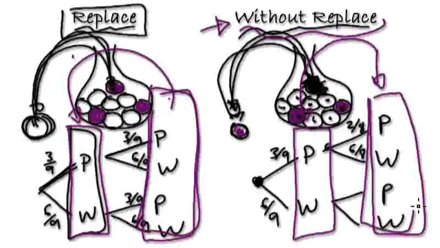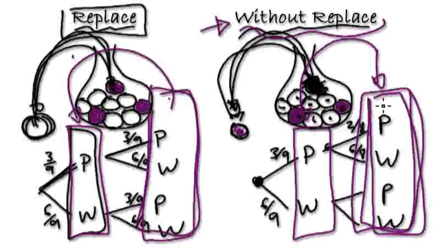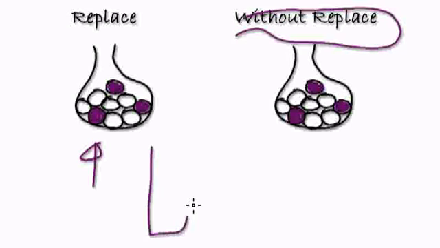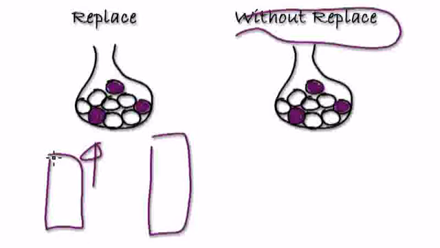Whereas if you look at this one, the second event is dependent on the first event. With the replace scenario, the second event is independent of the first event. Okay, so take note of that.